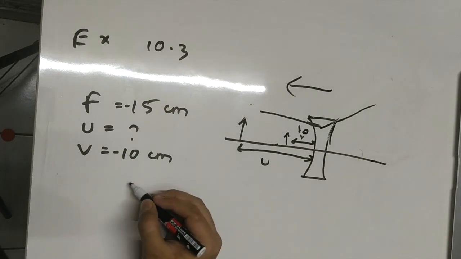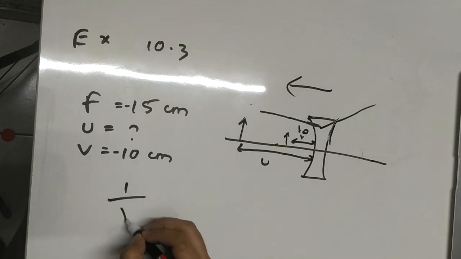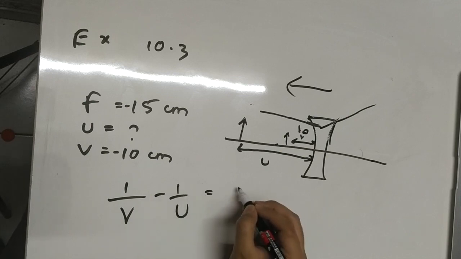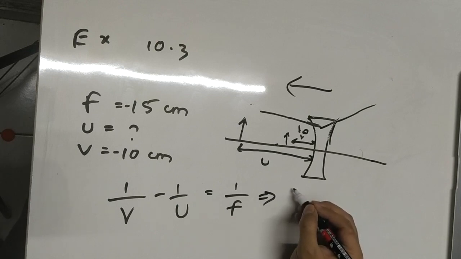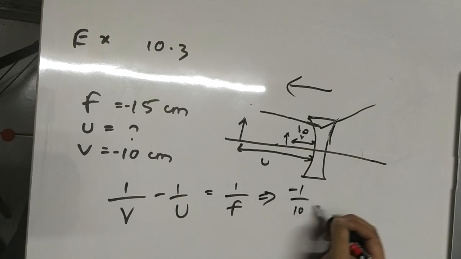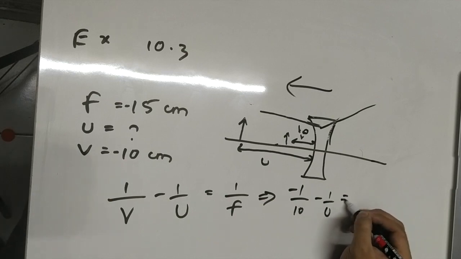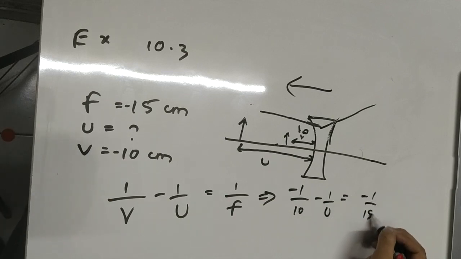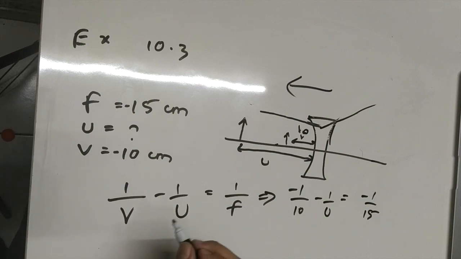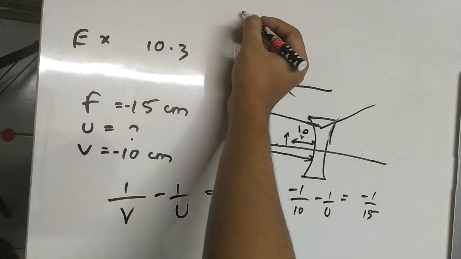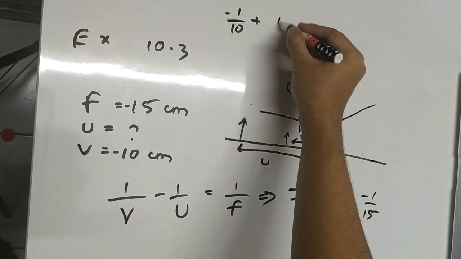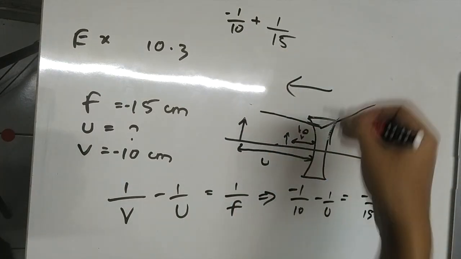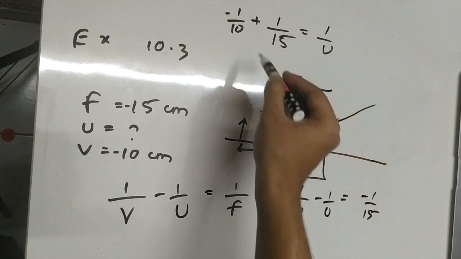From the formula, 1 by V minus 1 by U equals to 1 by F, implies 1 by V is minus 1 by 10, minus 1 by U is equals to minus 1 by 15. Then what will happen? Let me write here. Minus 1 by 10 plus 1 by 15 is equal to 1 by U. Okay, what is the LCM?